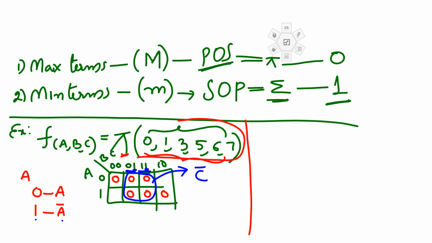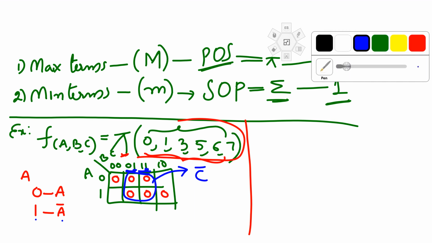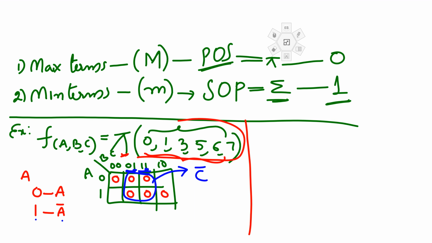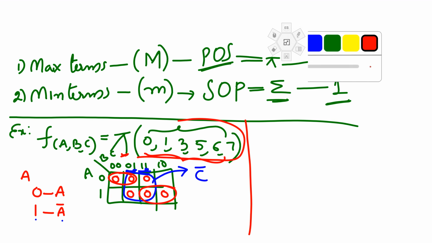Okay, fine. The next one: can we form any pairs? Yes, we can form pairs. Those pairs are these, one pair and another pair, because we have to cover all the zeros. Now we have to write the expression for these 2 pairs.